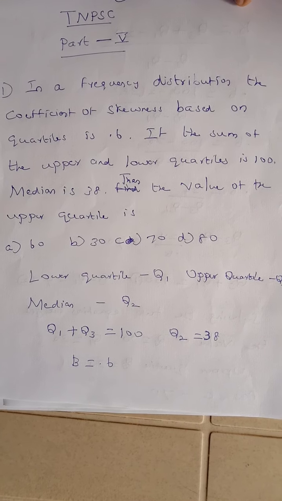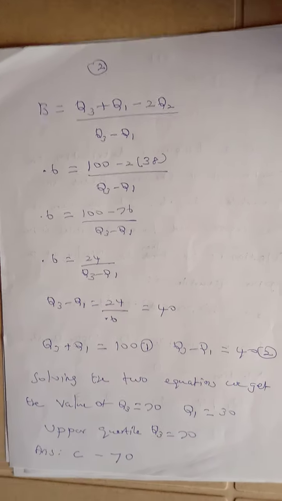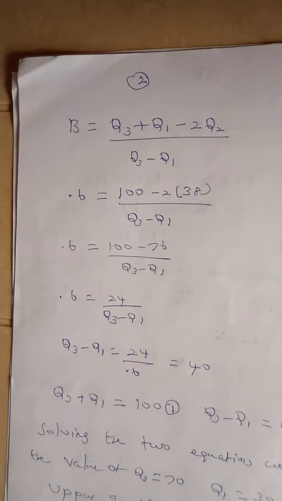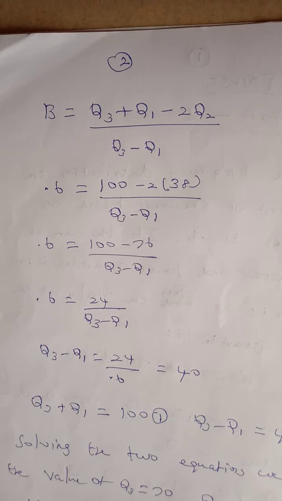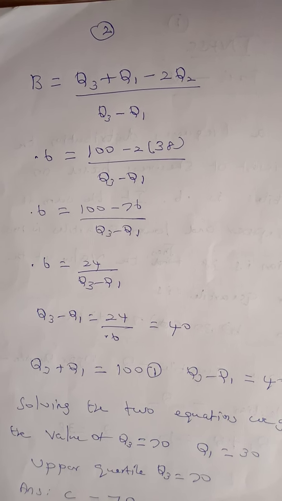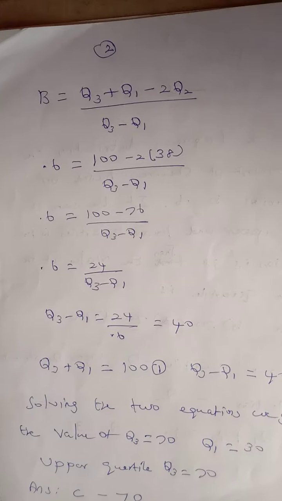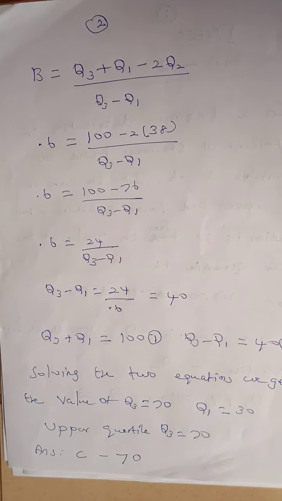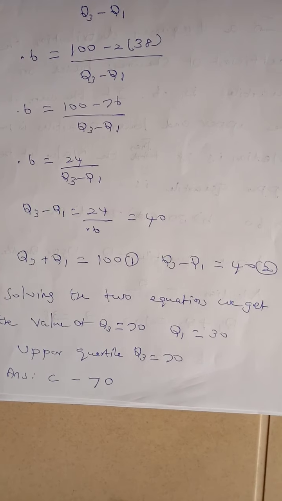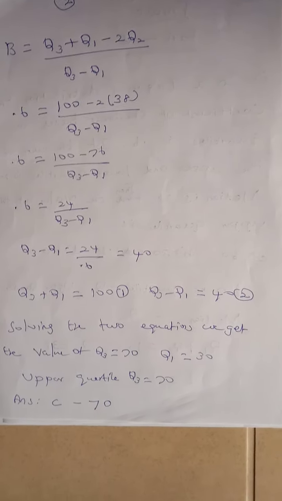Okay, so Bowley's coefficient of skewness. It is not given as Bowley's coefficient, but it is given as coefficient of skewness. So we know the formula of Bowley's coefficient of skewness: Q3 plus Q1 minus 2 Q2 by Q3 minus Q1. The skewness value is given as 0.6 and we are substituting the sum of the quartiles Q3 plus Q1 as 100 and Q2 as 38. When you substitute the values, we get Q3 minus Q1 is equal to 40.